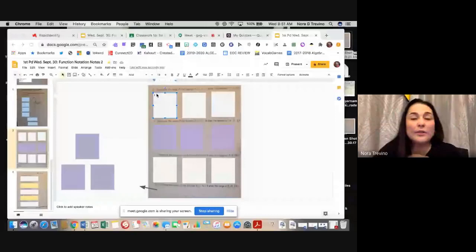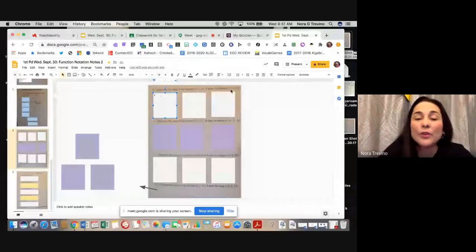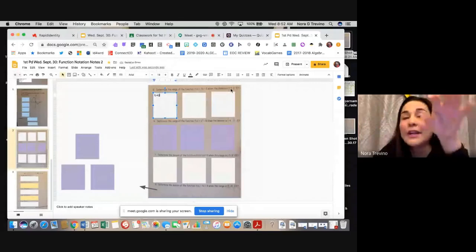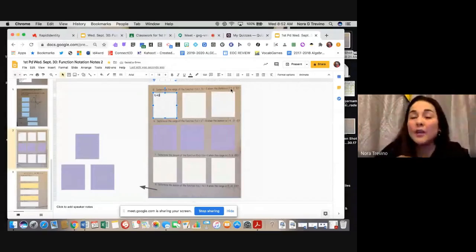Okay, so for this one, the first domain is -4. So it would look like this. They're really just telling us to find f of -4 because that is your x. Those are your inputs, okay? So then we would do that. We would take this part right here, 3x minus 5, and the first number we'll input is a -4.